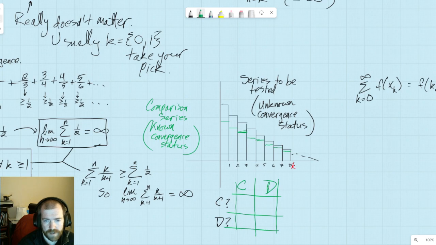All right, so in this case, we have that forever. We'll call this a sub n and b sub n.